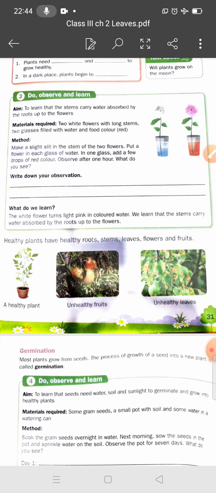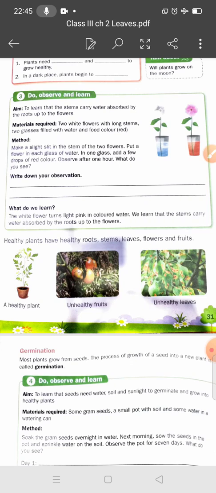You will observe that the red water reaches through the stem into the other parts of the plant and the flower turns pink. So I think you have understood the function of the stem: carrying water absorbed by the roots up to the flowers.